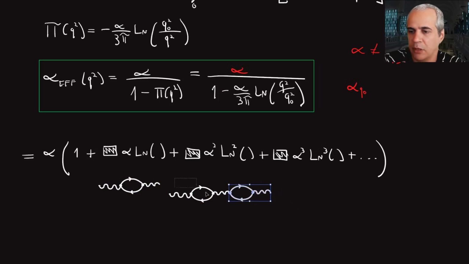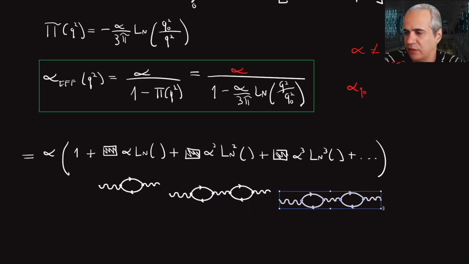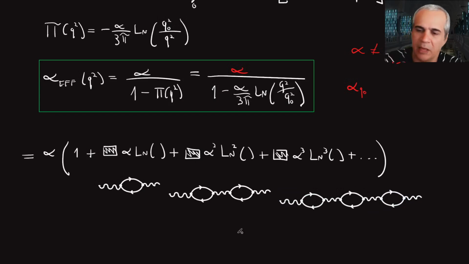And the next one is something like this. That's where this alpha log to different powers come from. I'm just resumming this infinite tower of contributions of one loop.